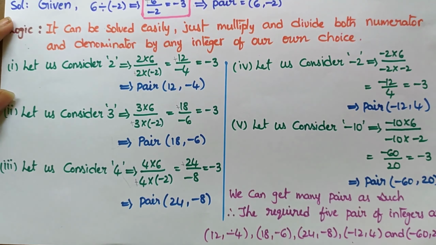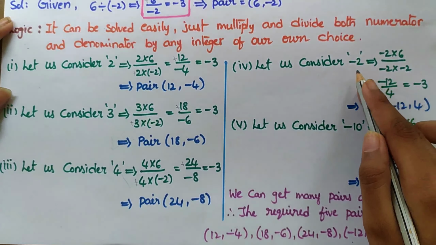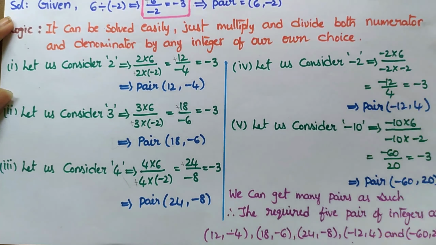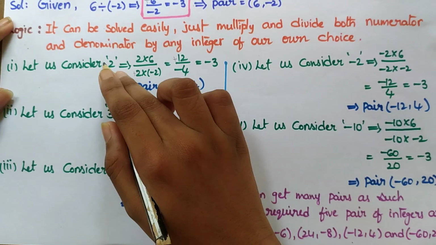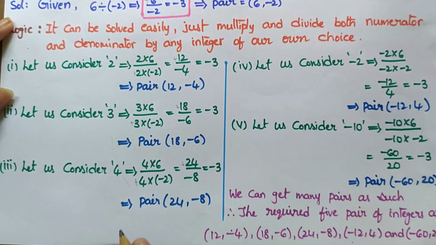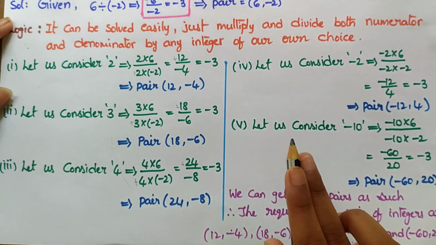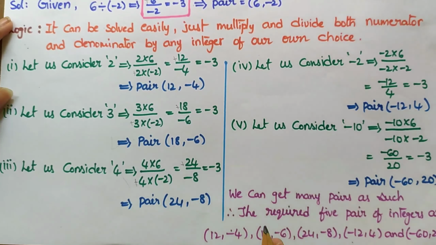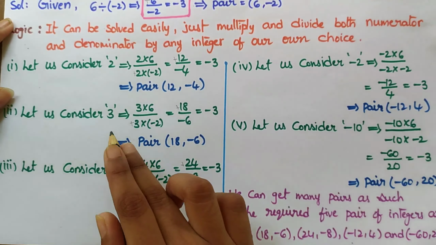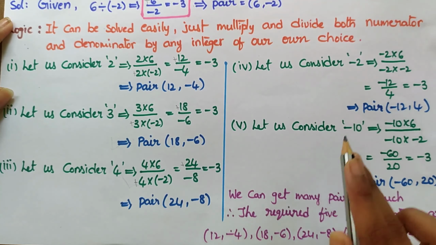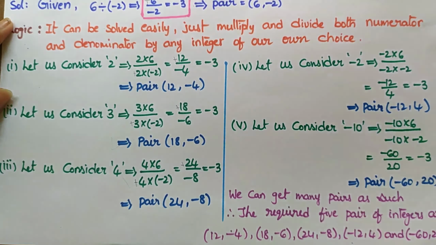Okay friends, now let us consider another integer. It is minus 2. Friends, here we can not only consider positive numbers, but we can also consider negative numbers. That means we can take integers from negative numbers and also from positive numbers. So now let us take negative numbers.